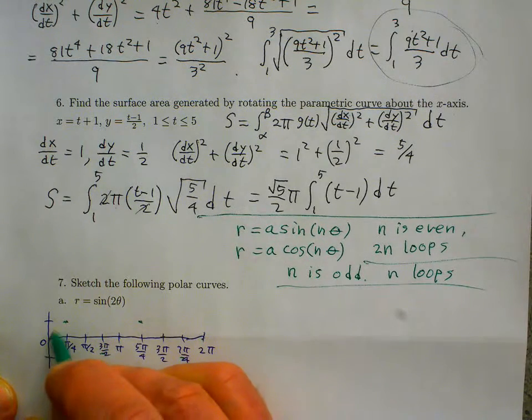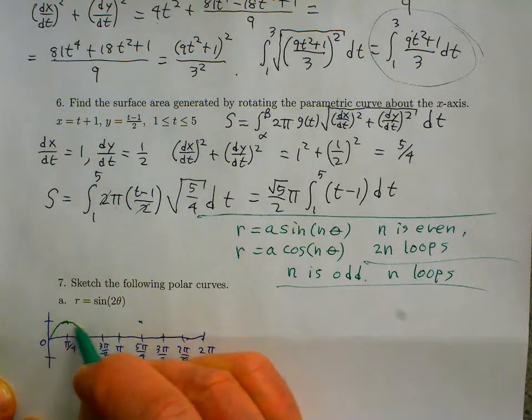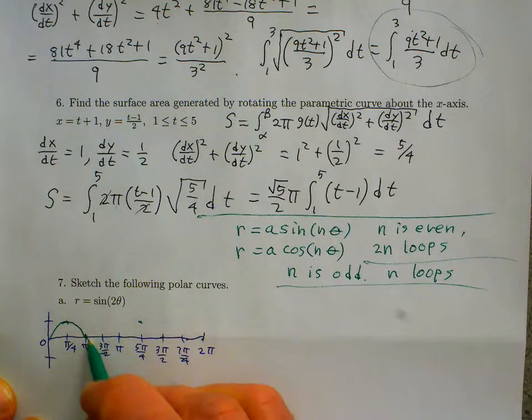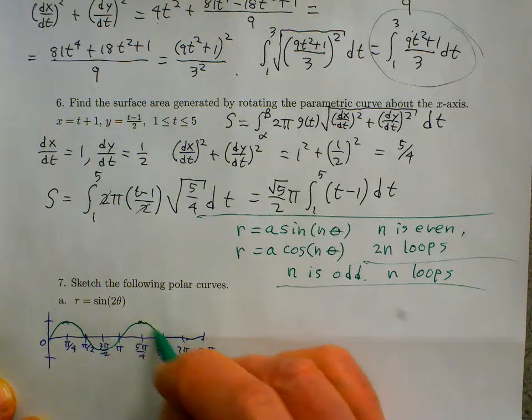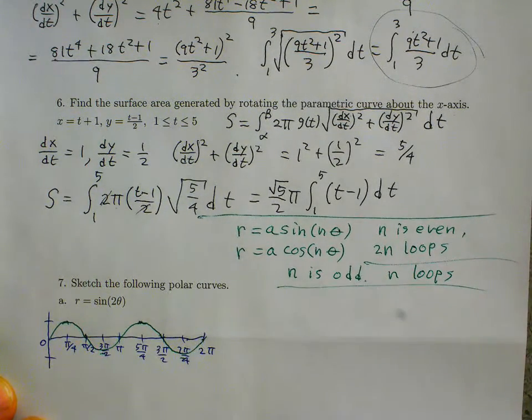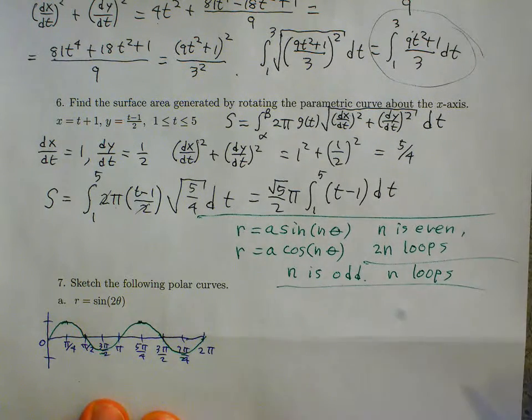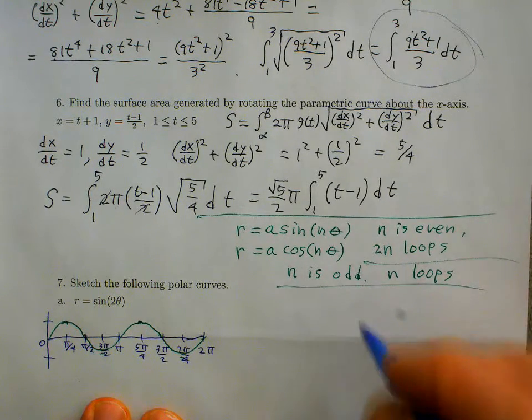So the 2 periods look like this. So then we're just using this as an aid to draw the polar curve.